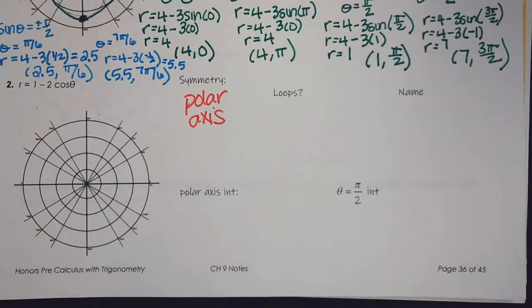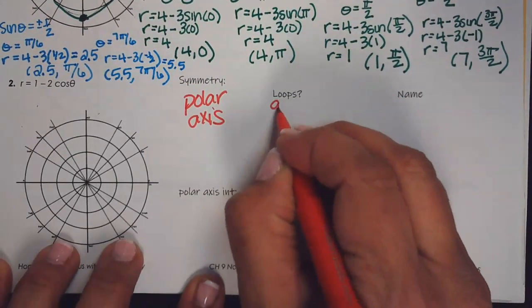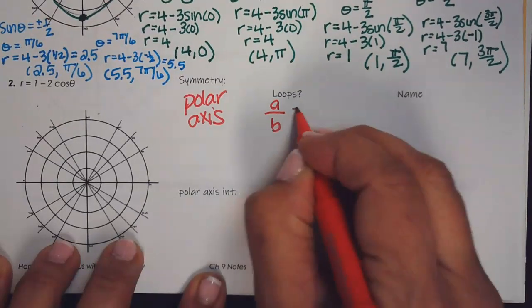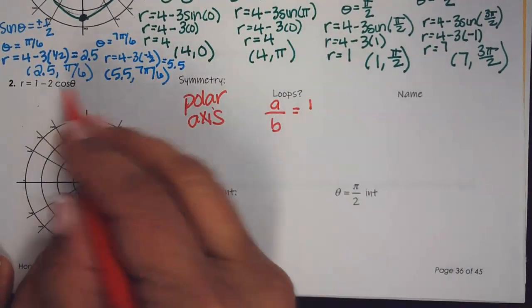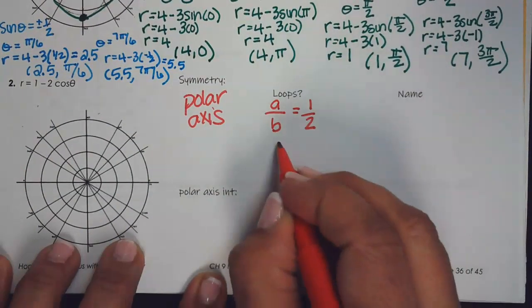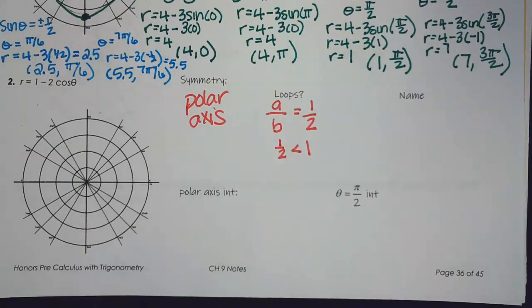And let's think about if we're going to have any loops. We're going to compare A and B. My A is 1. My B is 2. And so I can see that this is less than 1.